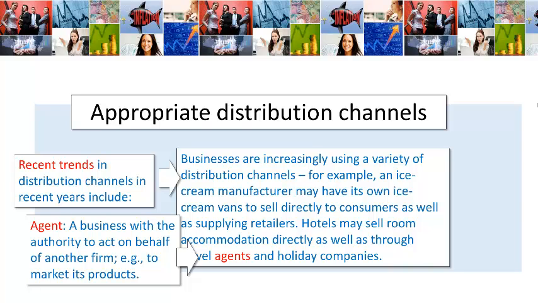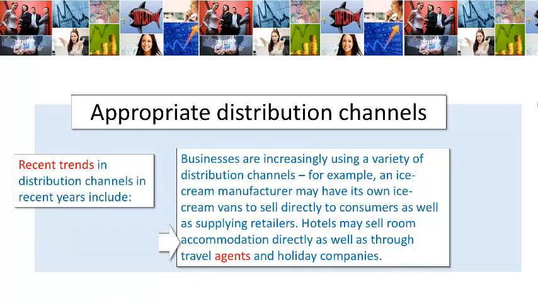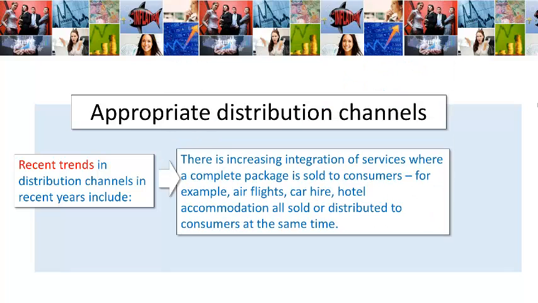Agents are a business with the authority to act on behalf of another firm, for example, to market its products. There's also an increasing integration of services where a complete package is being sold to consumers. So if we take flights, car hire, hotels, now insurance, all that can be sold or distributed to consumers at the same time.